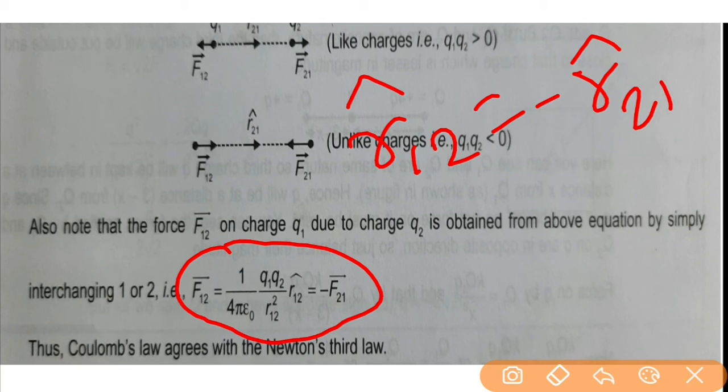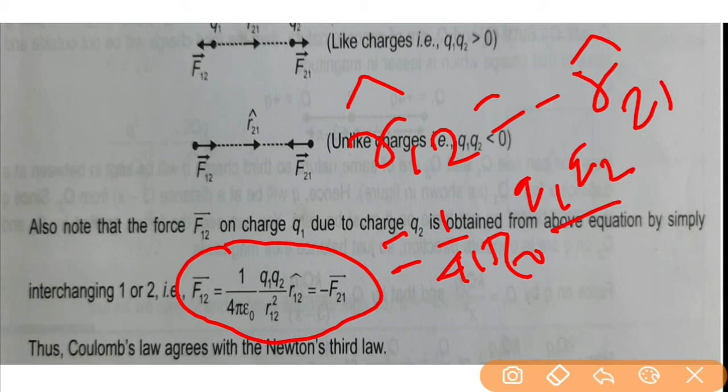If we replace R12 cap by minus R21 cap, we get the opposite direction. The magnitudes of the R12 vector and R21 vector are the same, so we can write R12 in terms of R21 square, and the R12 unit vector as minus of the R21 unit vector.